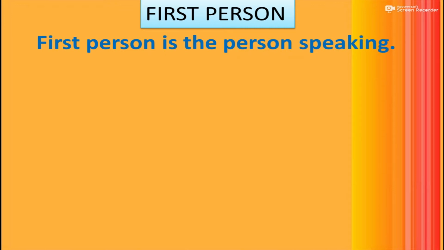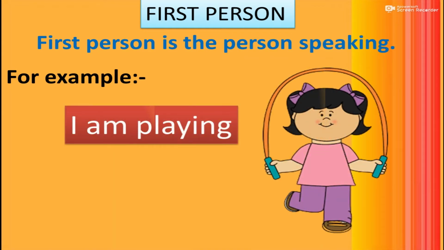First person is the person speaking. For example, I am playing. So who's the one speaking here? Yes, it's I. So, I here is the person speaking. Means I is the first person. Okay?